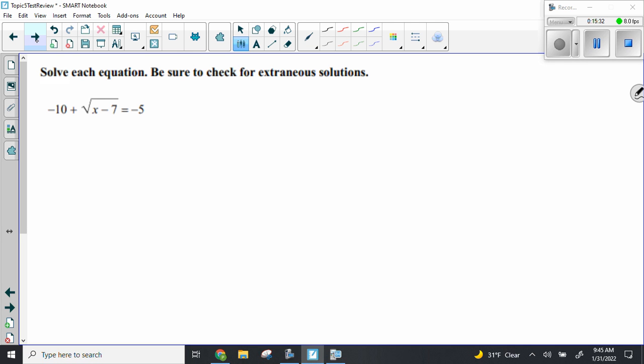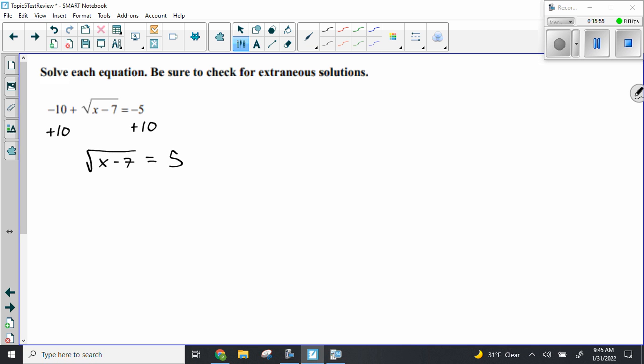So if I'm going to isolate this radical, I got to get rid of this 10 that's on the left-hand side of my equal sign. So in order to do that, I'll add 10 to both sides. So this is going to give me the square root of x minus 7 equals negative 5 plus 10 is 5.